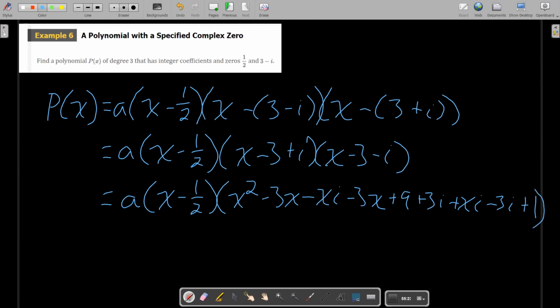Okay, so we've got the x squared up front, okay? And it appears the minus xi is going to cancel. The minus 3i and plus 3i are going to cancel.